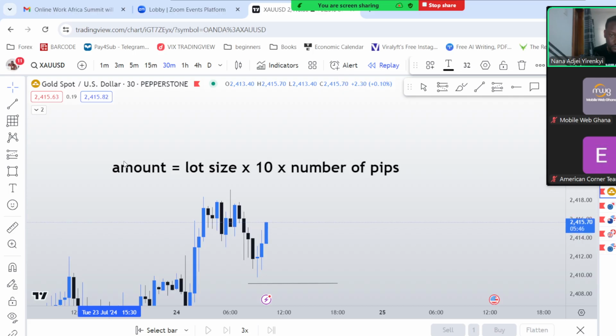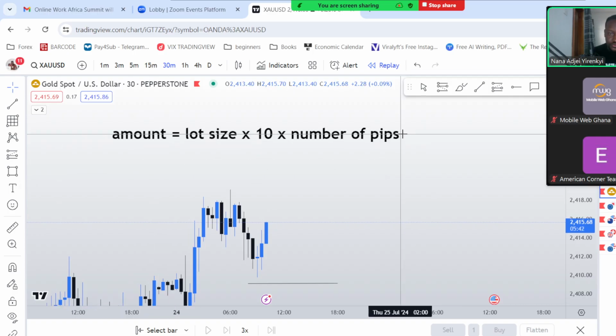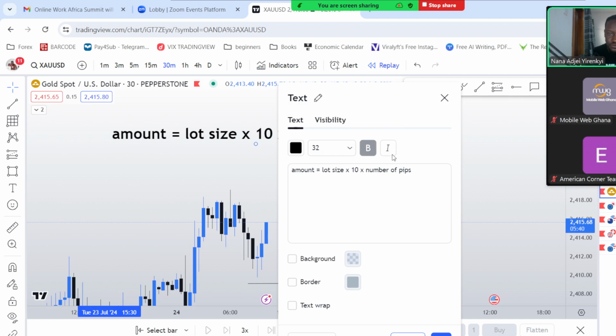So this time around we are using a mini lot of 0.1, so we enter 0.1, multiply that by 10, and multiply that by the number of pips in profit, which is 50 pips.